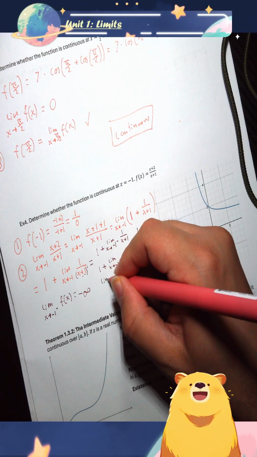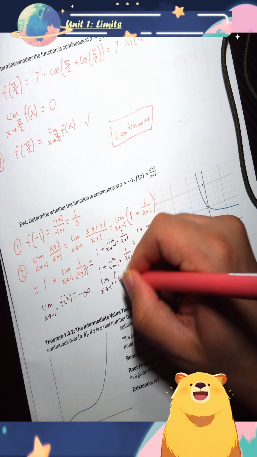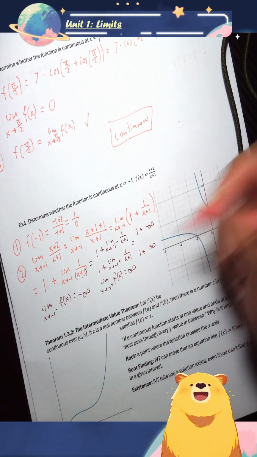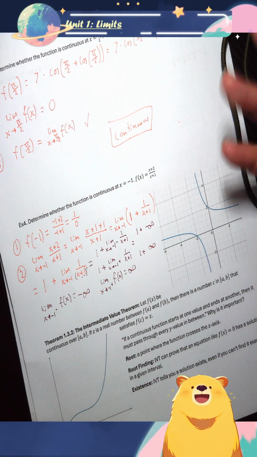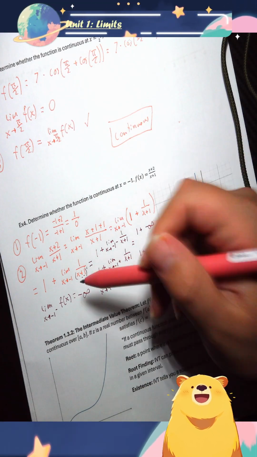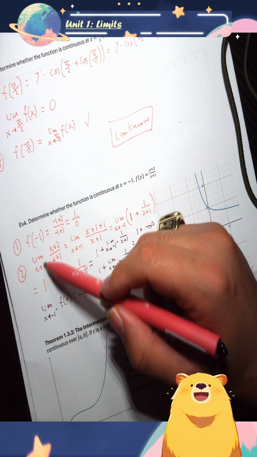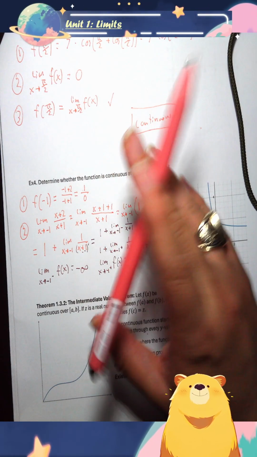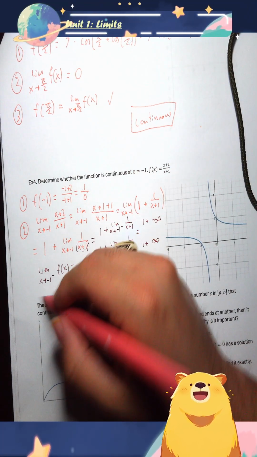And then the limit as x goes towards -1 from the right side of this function will go towards infinity, as we see here. These do not equal, and the limit of x going towards -1, not from either direction, just from -1, does not exist.